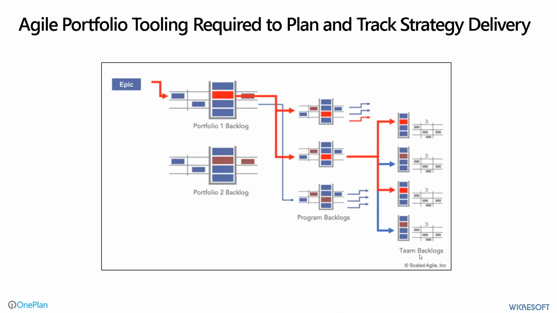First of all, the teams are probably dealing with multiple features from an epic, so it's going to be really hard for a leadership team to understand exactly how epics are tied to those OKRs and whether we're actually meeting the portfolio objectives, the portfolio vision, by just tracking features at the team level. So that's another reason why you need to focus on agile portfolio tooling.